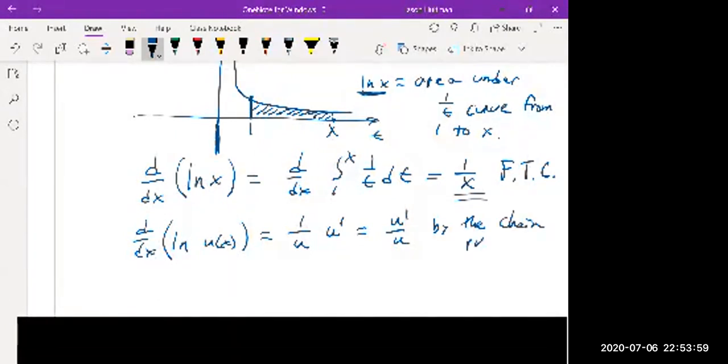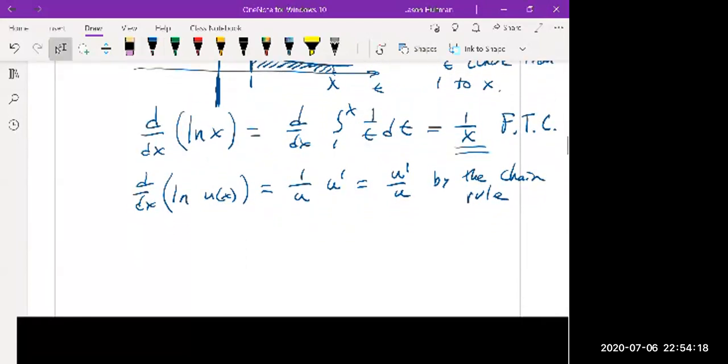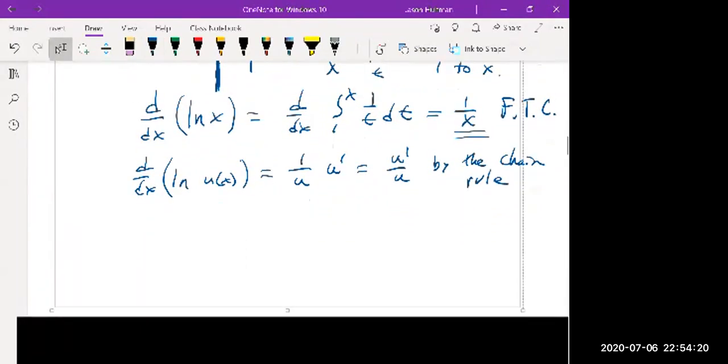Why can we use the chain rule? Because u is a function of x. I could have put f of x there if I wanted to, it really doesn't matter. But I'm going to use the chain rule here for u. Think of a u-sub on that one.